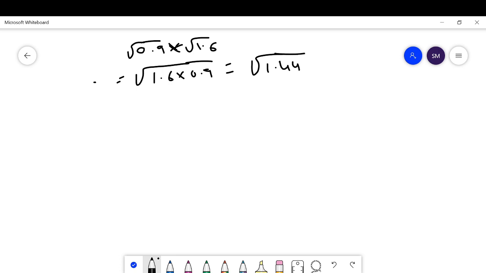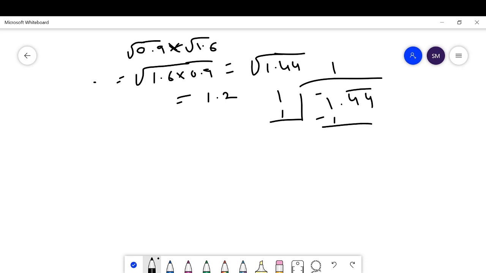Then by the division method, you can find out the square root. This is 1.2. Just recall this. Make it pair: 1 times 1 is 1. 1 plus 1 is 2. Then bring down the number 44. This is 22. Then 44. Then you get this.